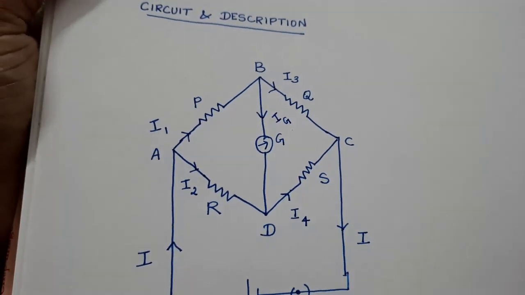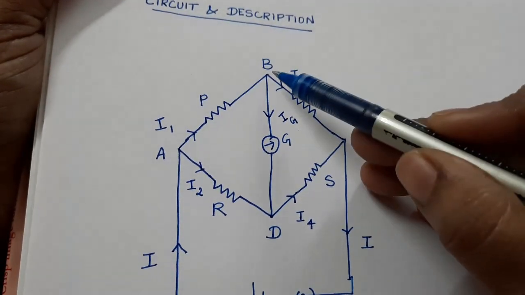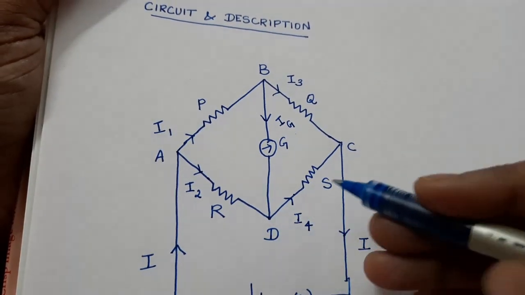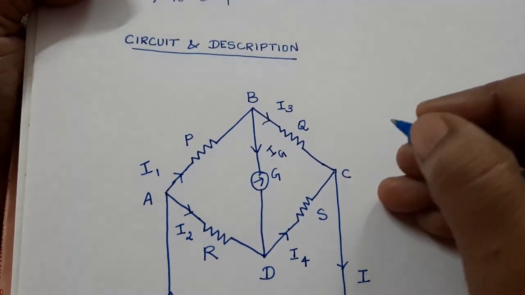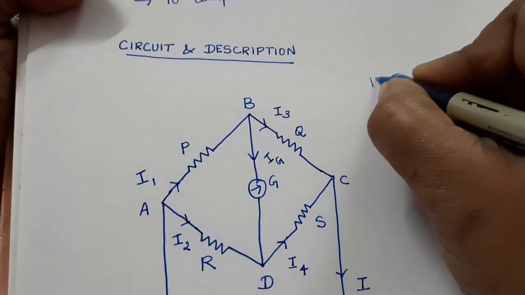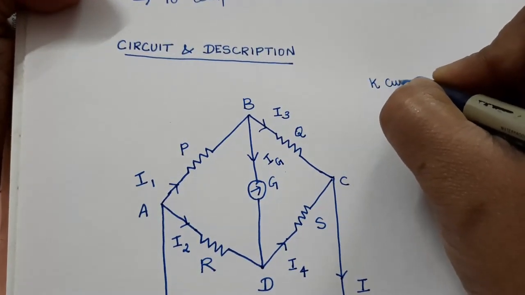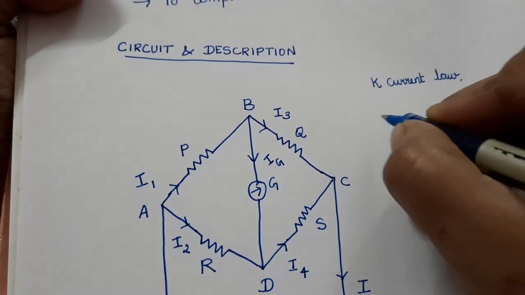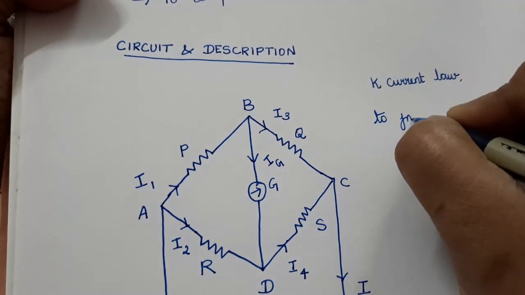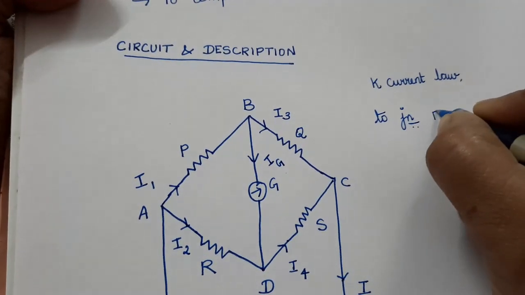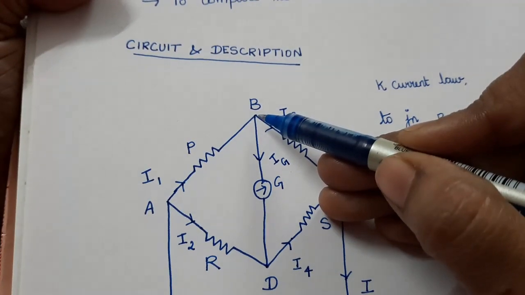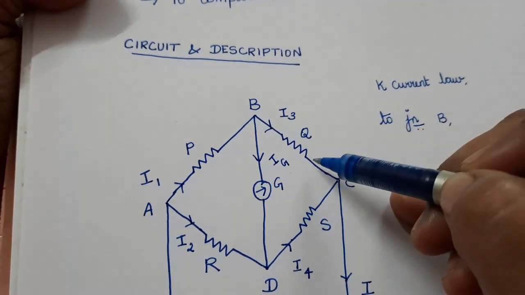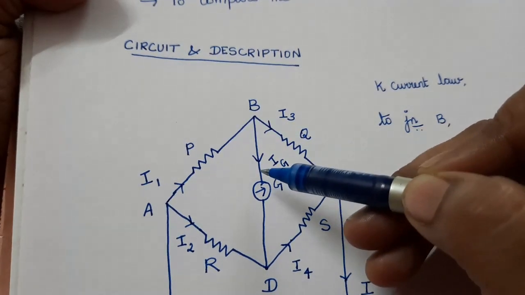Now we have a junction at B and a junction at D. Now let us apply Kirchhoff's current law to junction B. At junction B, I1 current is approaching, I3 current is leaving, and Ig current is also leaving.